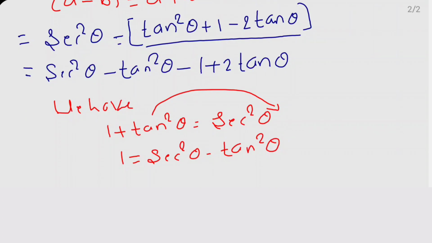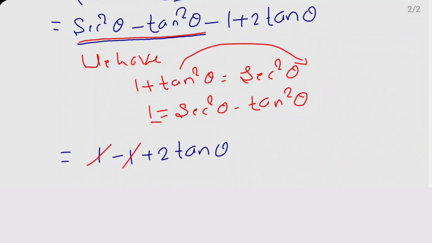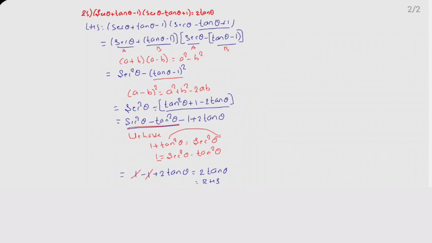So instead of this sec square theta minus tan square theta, we can write 1 here, and minus 1 as it is, plus 2 tan theta. Now here plus 1 minus 1 get cancelled, so the remaining is 2 tan theta. So this is equal to RHS, hence proved. See here the given RHS is 2 tan theta, and we proved 2 tan theta, hence proved.